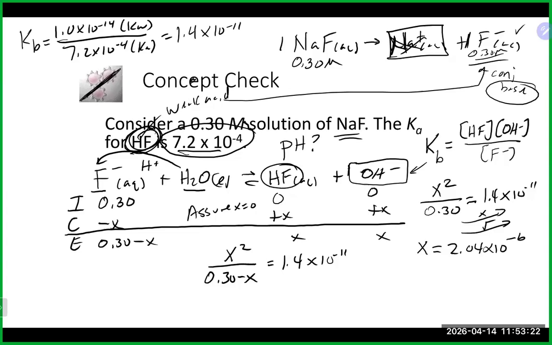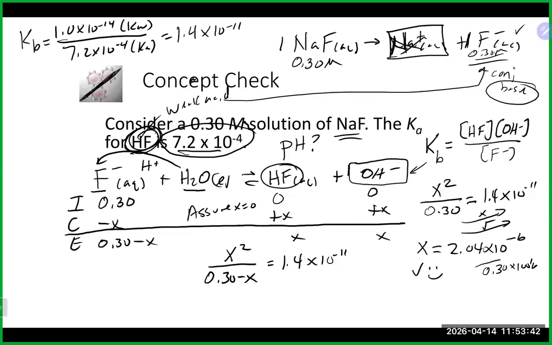It is an assumption, so we do want to check. So just like a normal check, we're going to divide it by our initial 0.3 and times it by 100%. And I think we should be okay in this case here. We're not even 0.1%, so the check is good in this case.